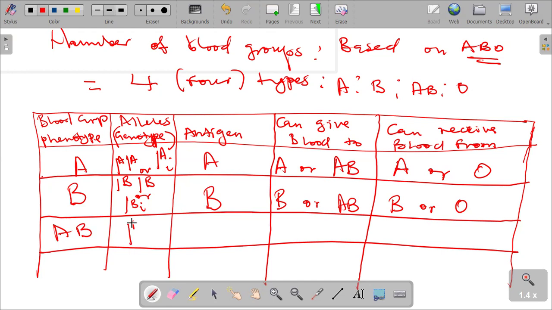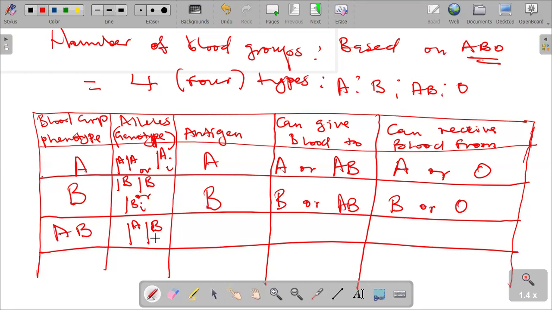As we have said, it is a codominant blood type because A and B are alleles that are equally dominant. When we talk about the blood alleles or the genotype, it is always allele A and allele B, like that.